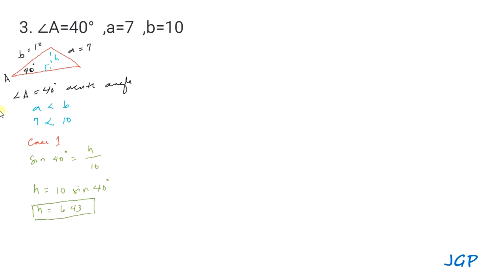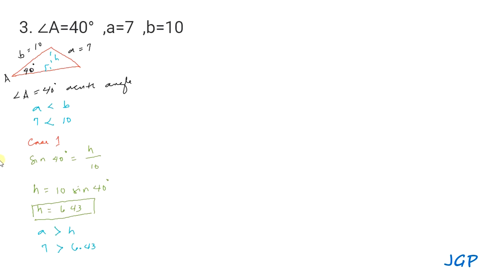And so, from that, you can now compare the side opposite the given angle. So, that is the side A. So, you have now the side A compared to the value of your height. So, we have now your A is equal to 7 and your height is 6.43. And this 7 is greater than 6.43.